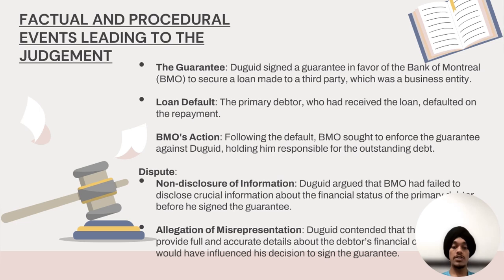So Duguid's defense was that the bank's failure to disclose this information was misleading, and because of that, he shouldn't be held liable for the debt. The bank, on the other hand, argued that they had no legal obligation to provide such information to Duguid. They contended that the trial court had made a mistake by siding with Duguid and that they should be entitled to enforce the guarantee.